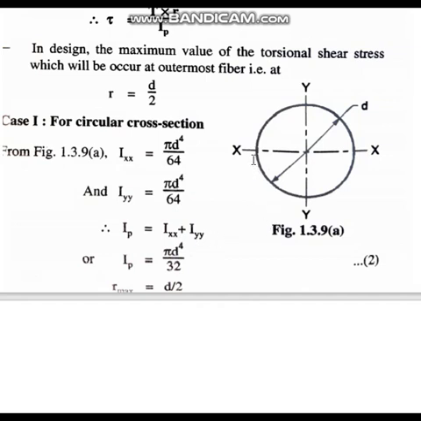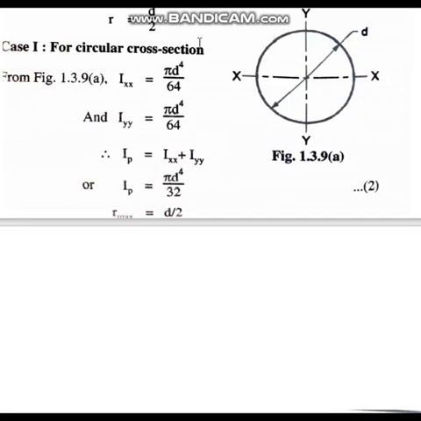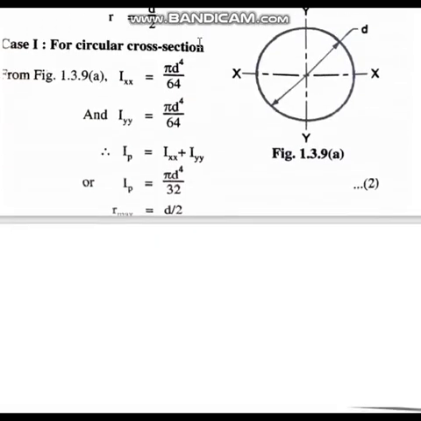Ixx is the moment of inertia about this x axis, Iyy is about this y axis, and the polar moment of inertia is the summation of these two. This is pi d to the power 4 upon 32, whereas r maximum is d by 2. If we substitute these in this formula, then we will be able to solve it. When we are solving the problems, the idea will be more clear.